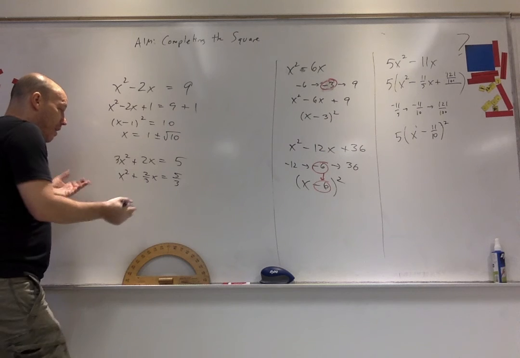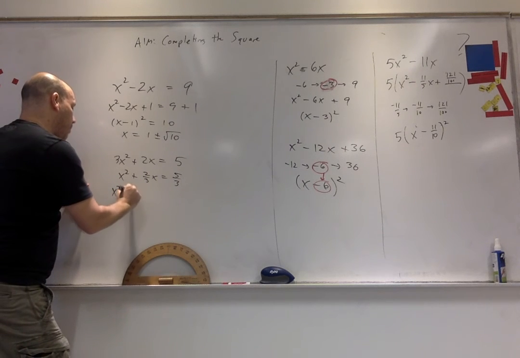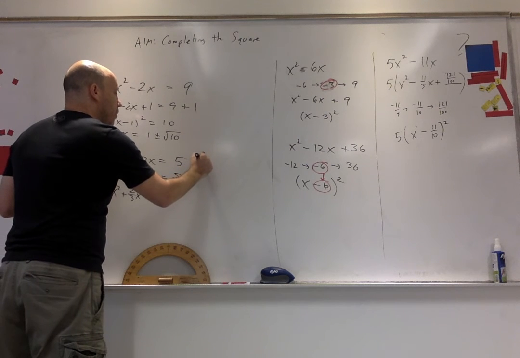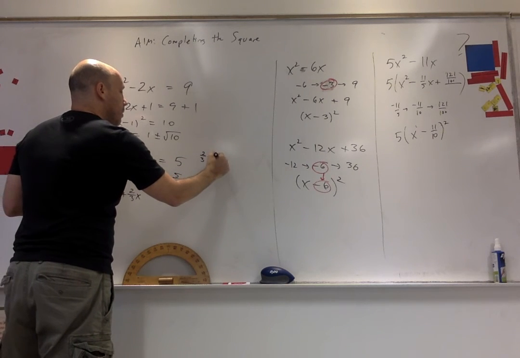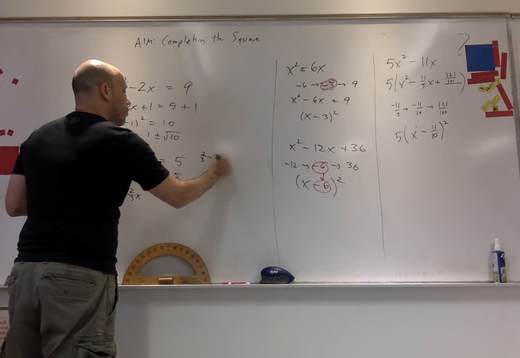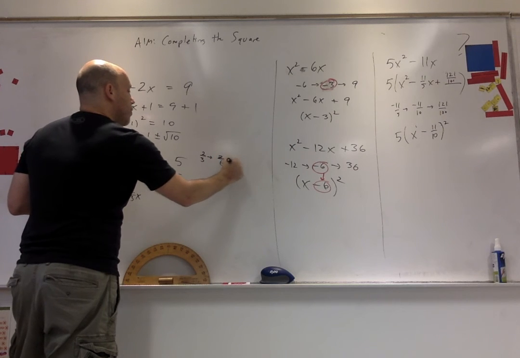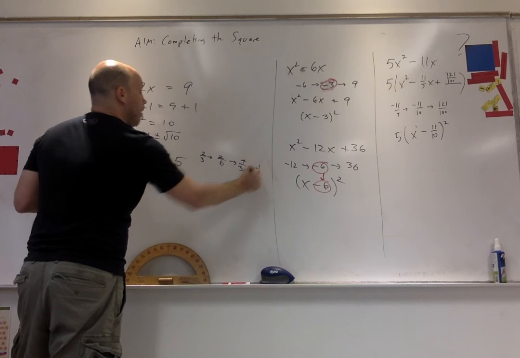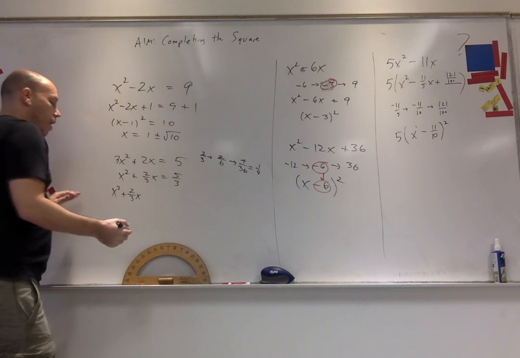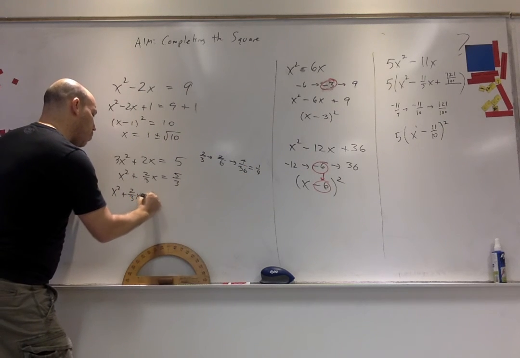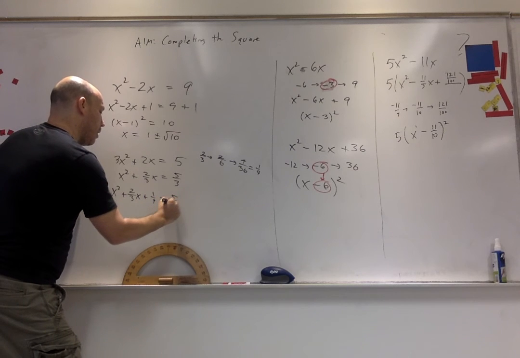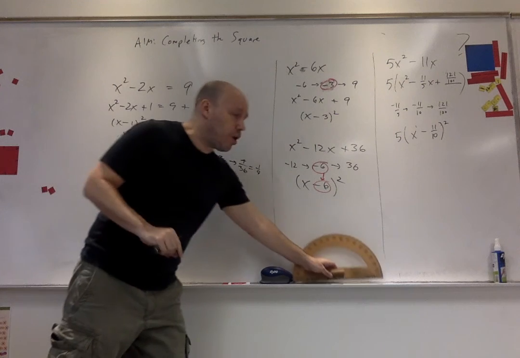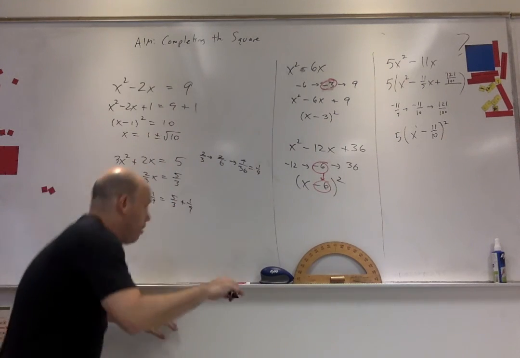I can x squared plus 2 over 3x, take it to the side, 2 over 3 becomes 2 over 6, which becomes 4 over 36, which is 1/9, right? And so plus 1/9 on both sides. Once again, we're higher level students, so we can do this quickly.